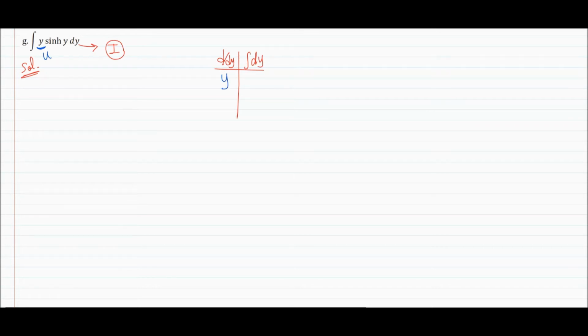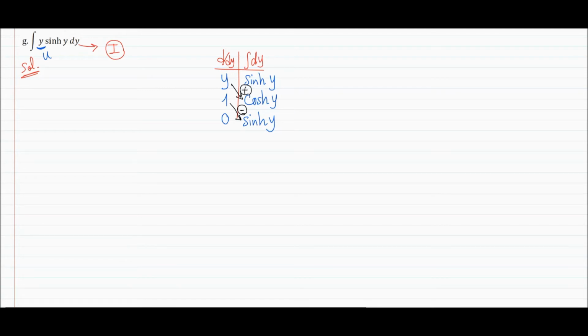So here y, the derivative of y will be 1, the derivative of 1 will be 0, and on the other side we have sine y, the integration of sine y will be negative cosine y, the integration of cosine y will be sine y, and I have to apply the sign rule, the first term positive and the second term negative.